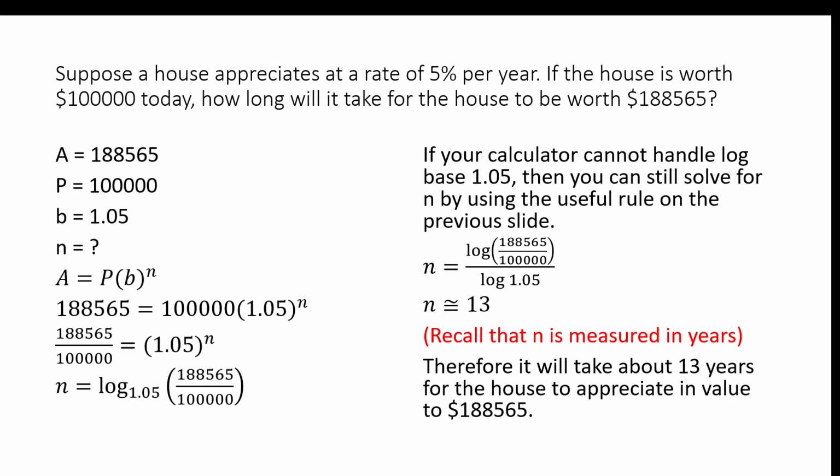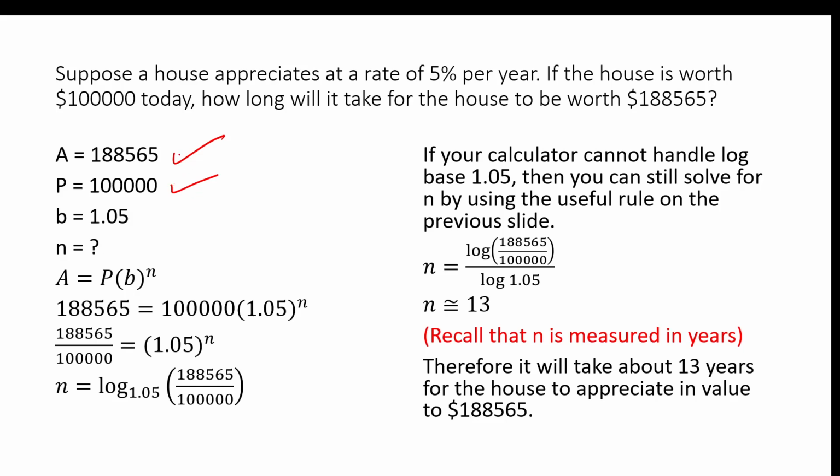The house is worth $100,000 today, and we'd like to know how long it'll take the house to be worth $188,565. Well, A is $188,565. That's the final amount, the after amount. P is 100,000. That's the prior amount, because today is before many years from now when it's worth 188,565.